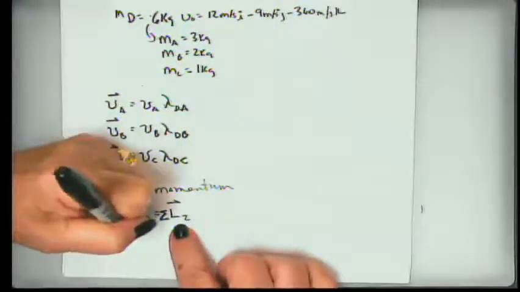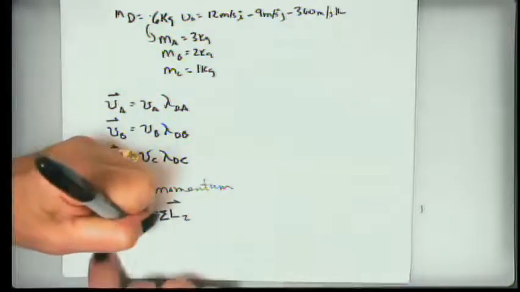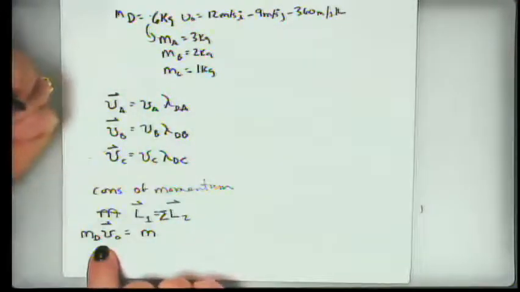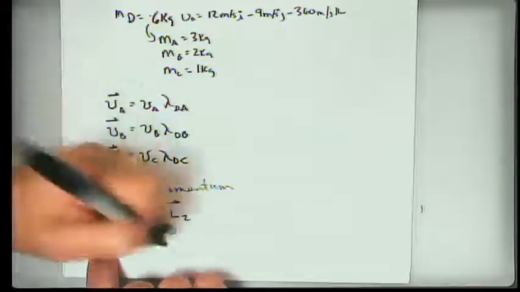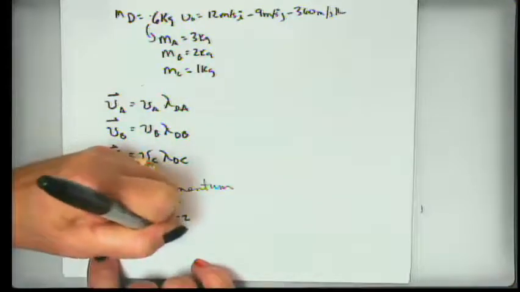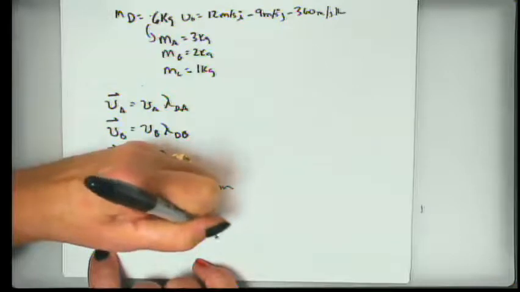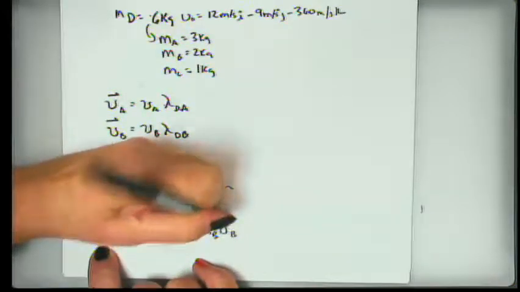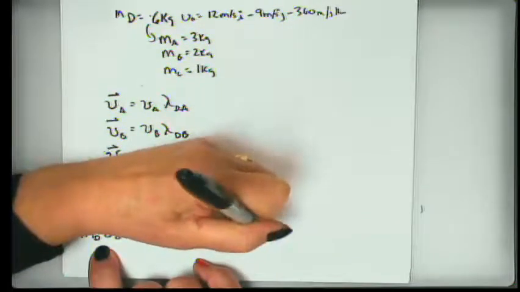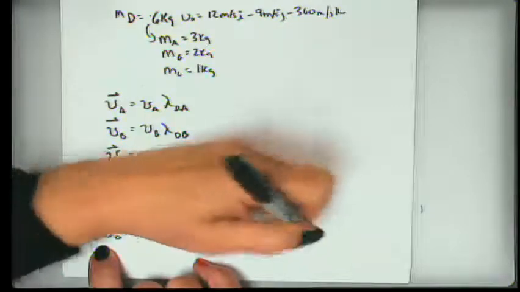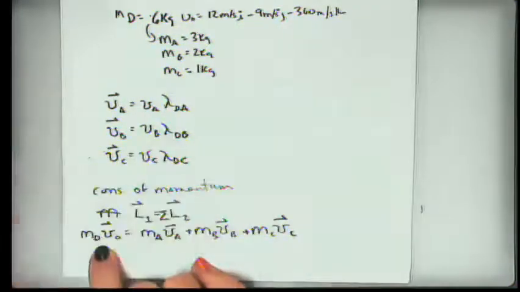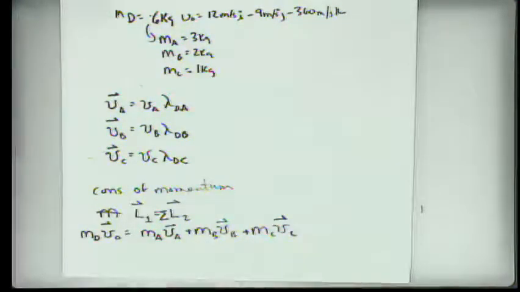And that afterward, we're going to have the mass of A times the velocity vector A plus the mass of B times the velocity vector of B plus the mass of C times the velocity vector of C. And what we're asked to find in this problem is the magnitudes of those velocities.